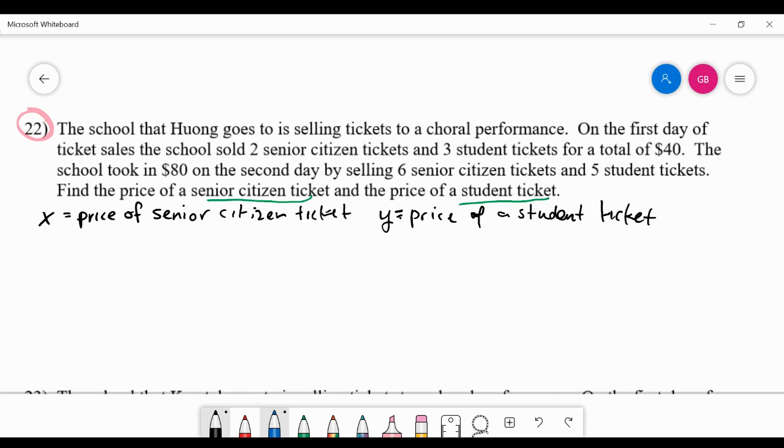Okay, so we have information of 2 separate days. On the first day, 2 senior tickets, 3 student tickets for $40. So 2x plus 3y is equal to 40.